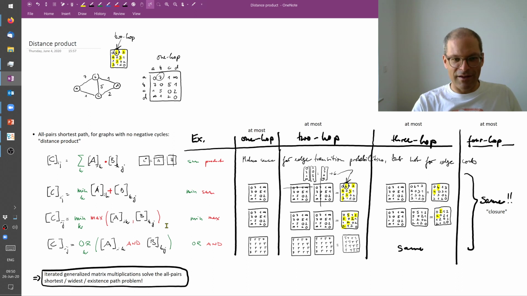And it turns out that we can also just use some weird kind of matrix product here, where the sum is replaced by min and where the multiplication is replaced by a max.